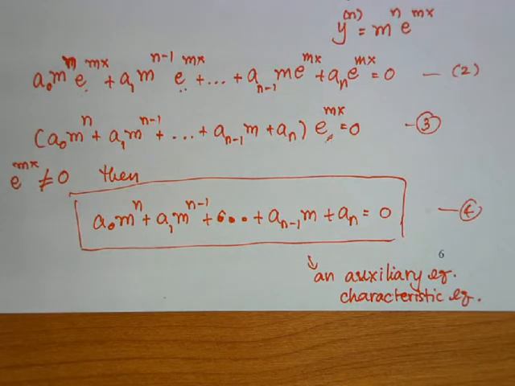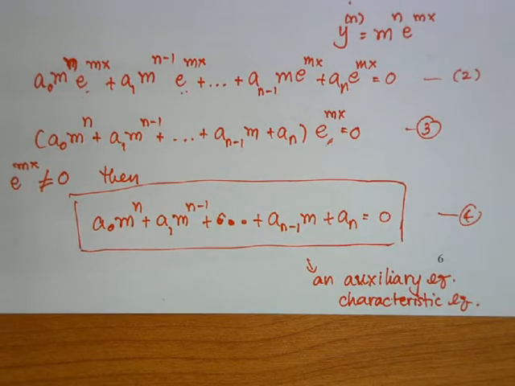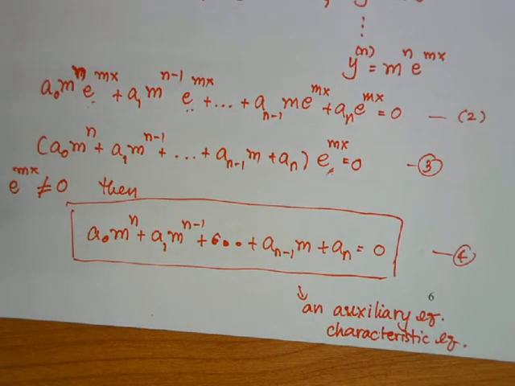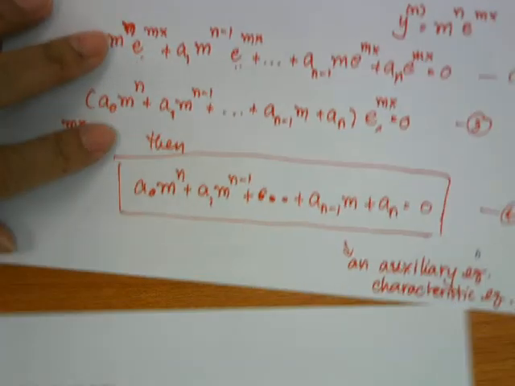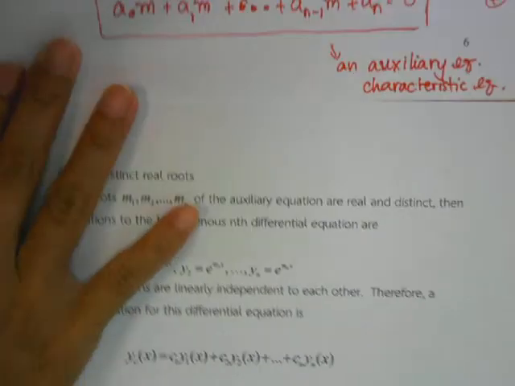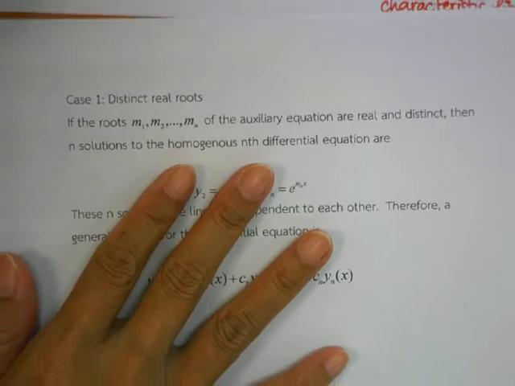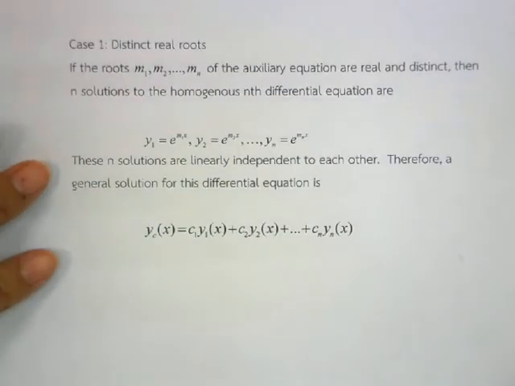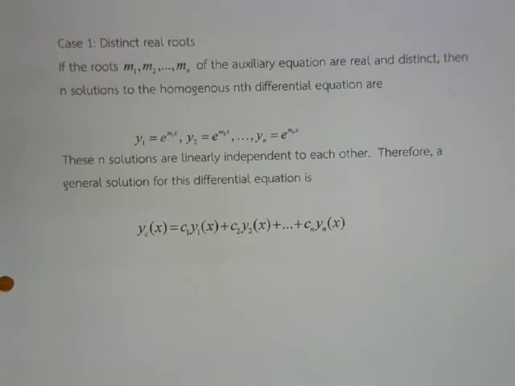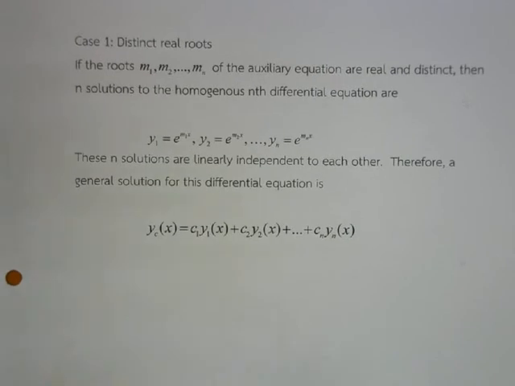In that case, we can divide the answer of this equation into 4 different cases. The first case is that the n values of m are real roots and unrepeated.